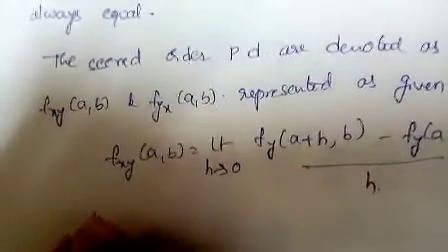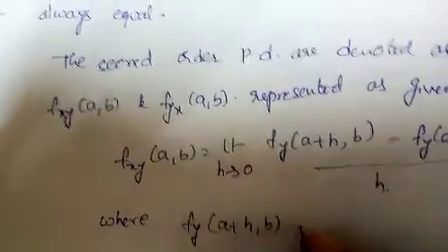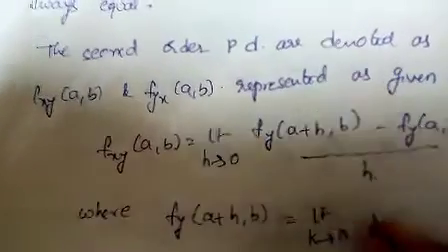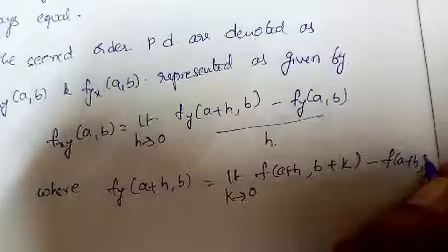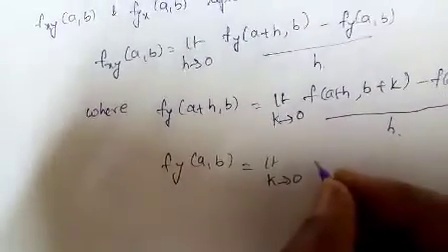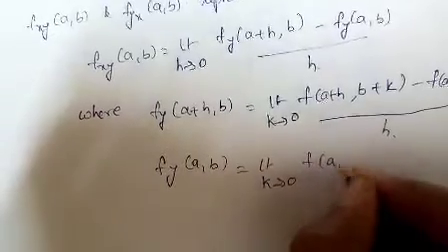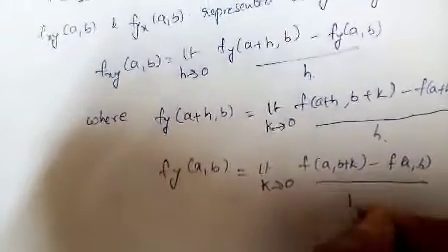So where the function fy of a plus h comma b equal to limit k tends to 0 f of a plus h comma b plus k minus f of a plus h comma b by h, and fy of a comma b equal to limit k tends to 0 f of a comma b plus k minus f of a comma b by k.